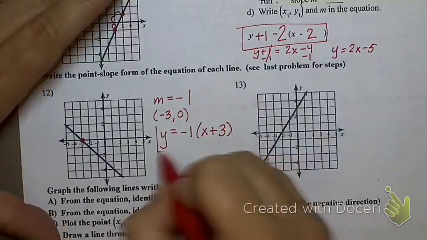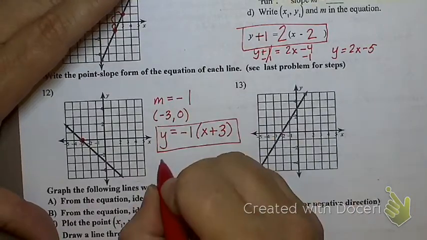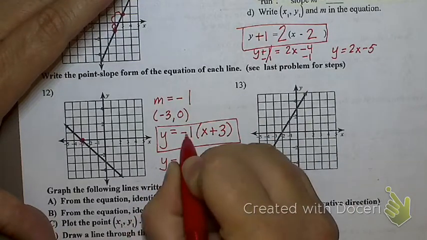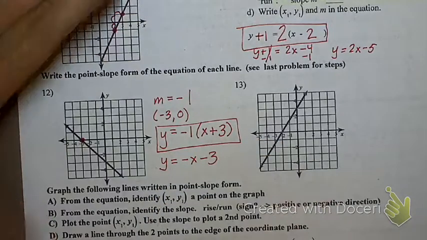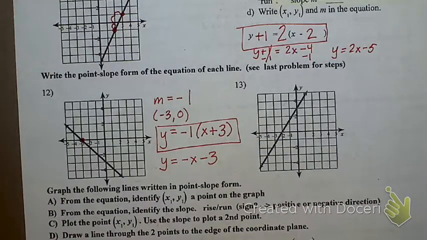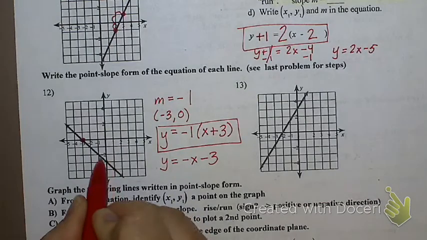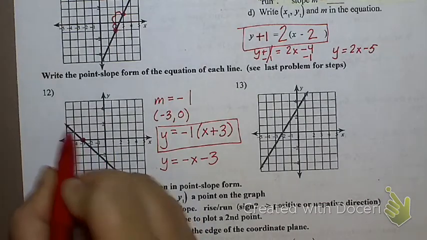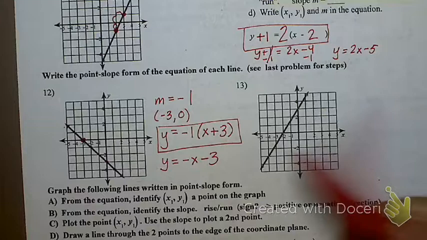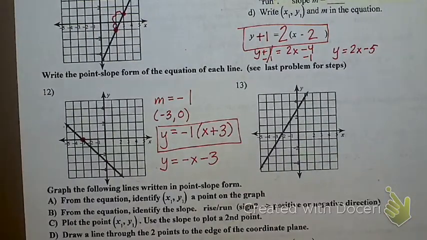And again, if you put yours in y equals mx plus b form, you should get negative x minus 3. As long as yours simplifies to negative x minus 3, you have a correct answer also. Okay? Again, why are there multiples? Because you could have picked so many different points on there. So as long as yours gets to the same place mine does, you're good.